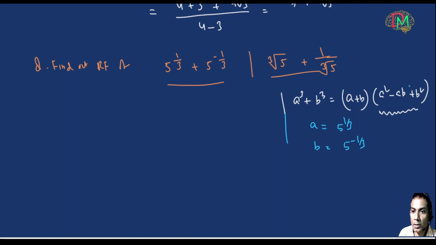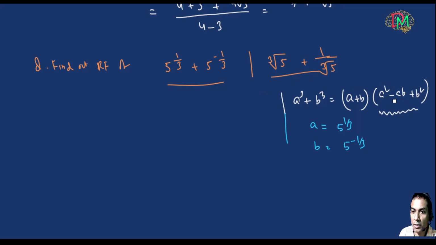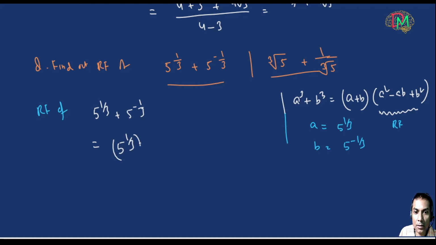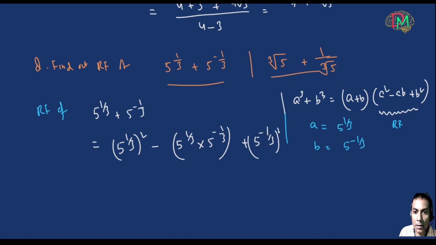If we find out this value, a square minus ab plus b square, this will be the RF, because a plus b is given. So the RF of 5 to the power 1 by 3 plus 5 to the power minus 1 by 3 is a square minus ab, that is 5 to the power 1 by 3 into 5 to the power minus 1 by 3, plus b square, 5 to the power minus 1 by 3 whole square.